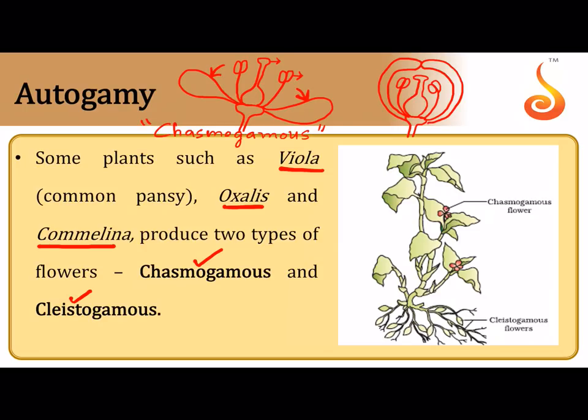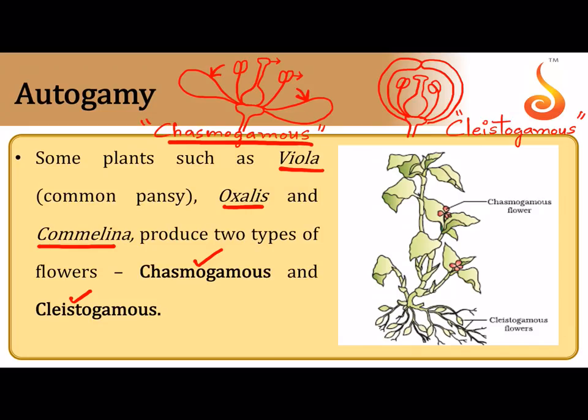In this kind of flower where the flower is closed and the anther and the stigma are not exposed to the outside, we call such flowers cleistogamous flowers.